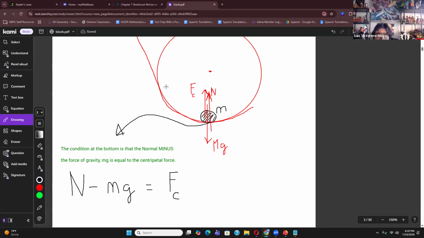Now, because you are actually going down like that, right? You have this scenario where the centripetal force, you have a velocity here, a speed. You have m v squared divided by r.